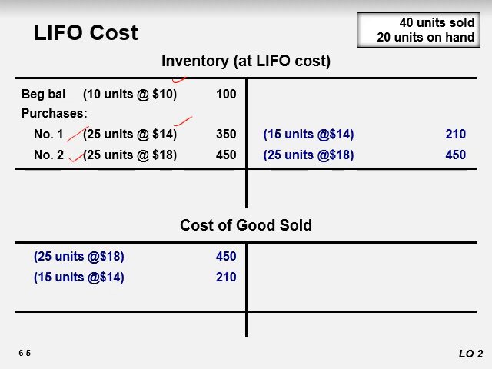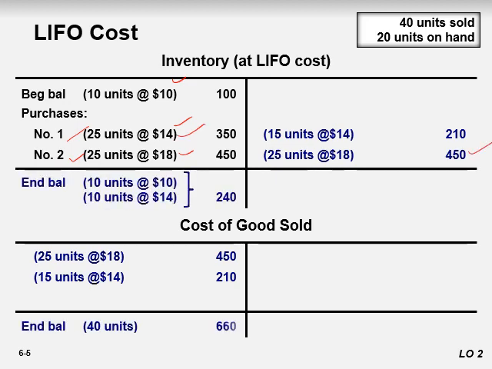Right? Last in first out. So the last purchased will be sold first. Did you notice something here? The ending balance in hand is 240 under FIFO, while in LIFO it is more than 300.